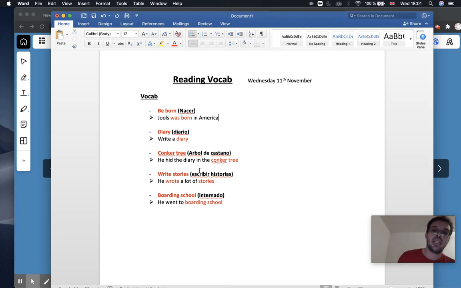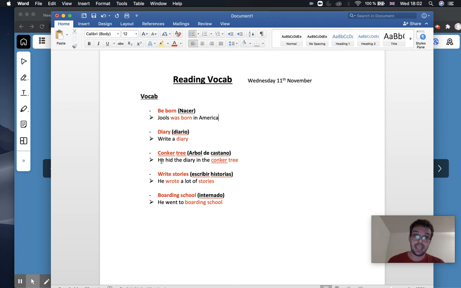Conca tree. Now, this in Spanish is árbol de castaño. Concas are castañas. In England, we have lots of conca trees. So let's look at the example phrase.